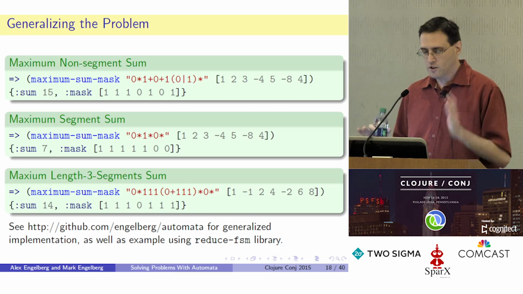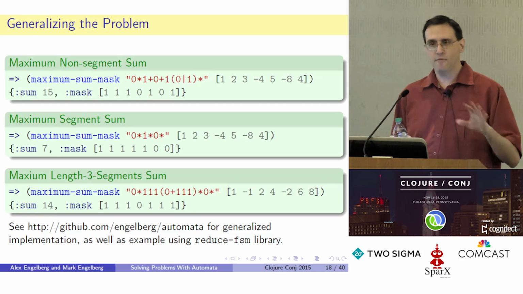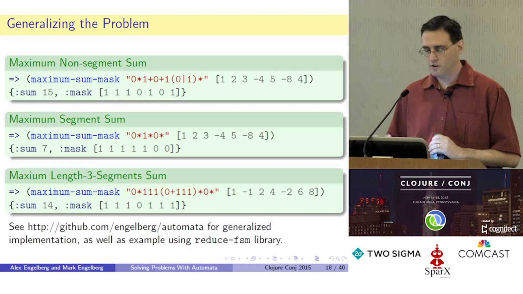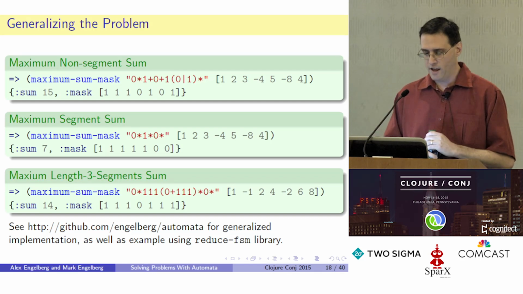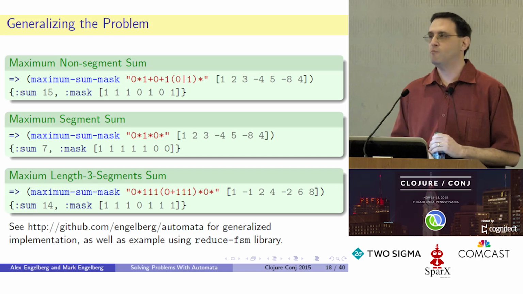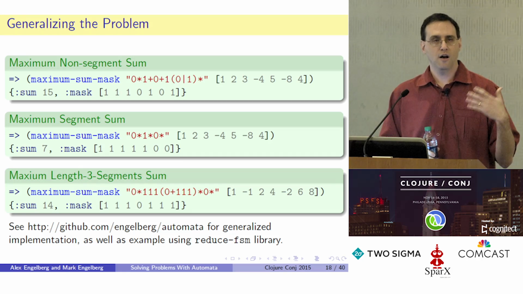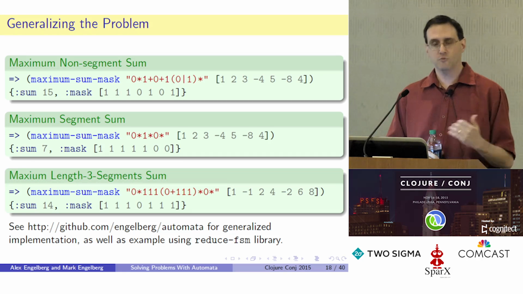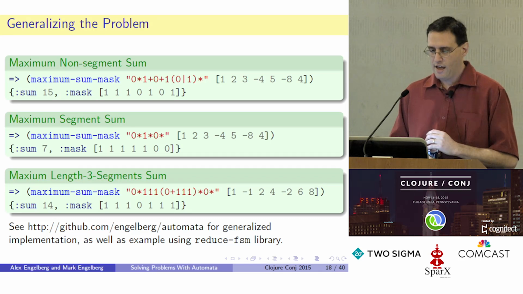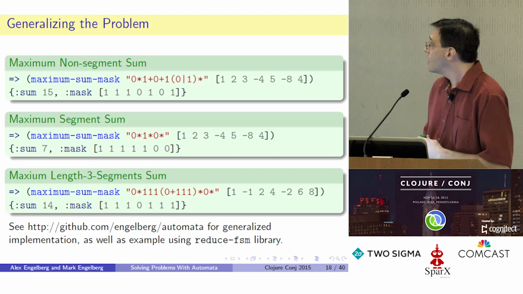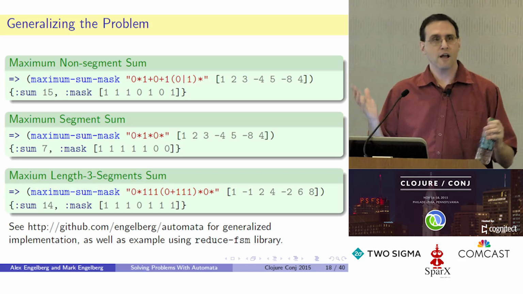Now, I've included all this code for the generalized functions on the GitHub site, and also showed another example with an alternative automata library for Clojure called reduce-fsm. So you can look there for more.